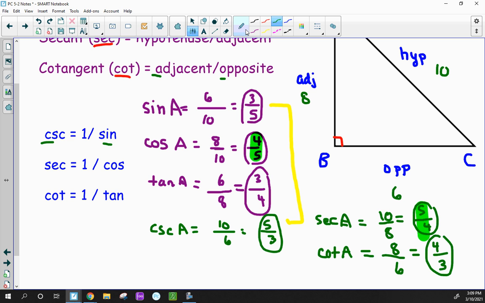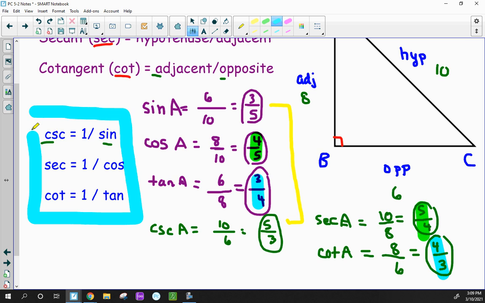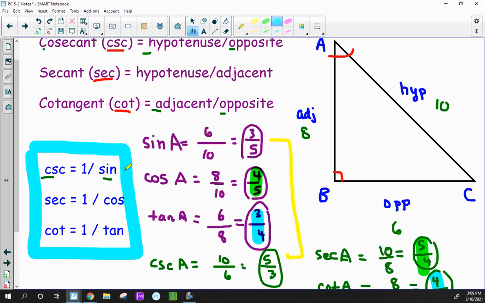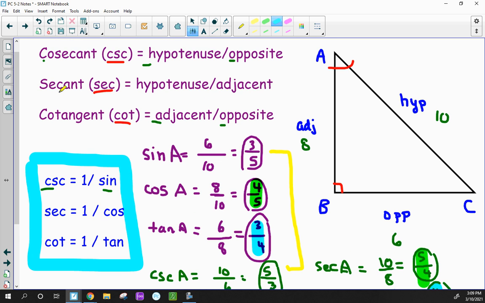And then again, one more time, we're checking out the tangent's answer. We're comparing it to the cotangent's answer, and we can definitely tell that those are reciprocals. So it is really important that you keep these three ideas in mind. It's going to make it easier for you to remember as well.